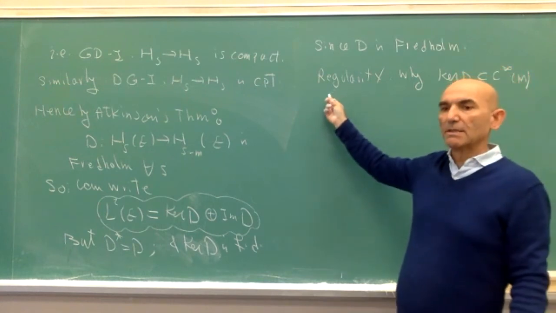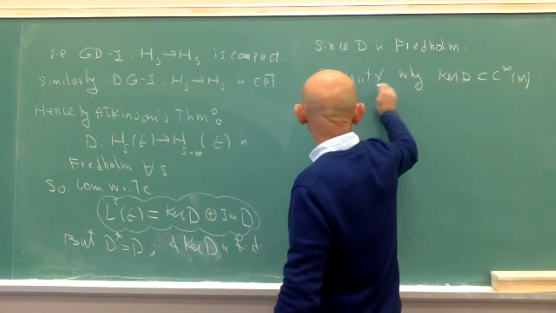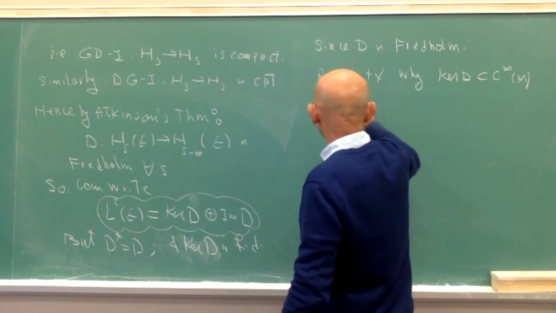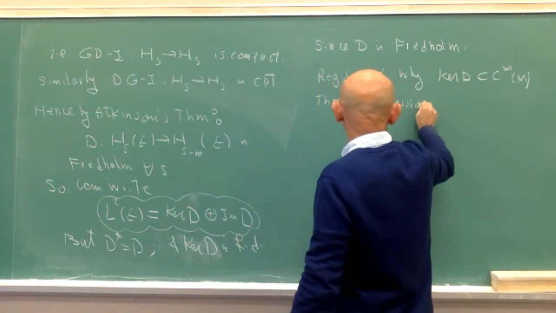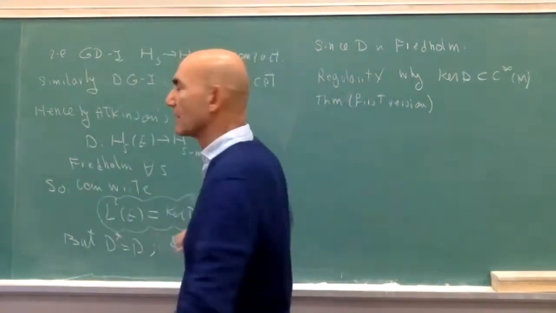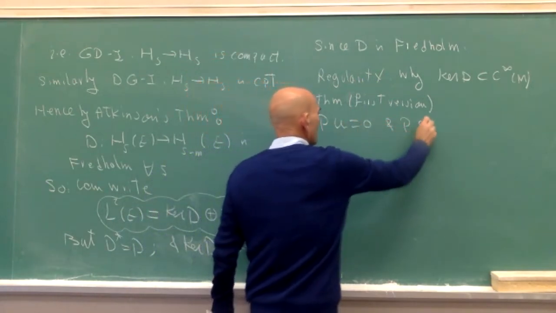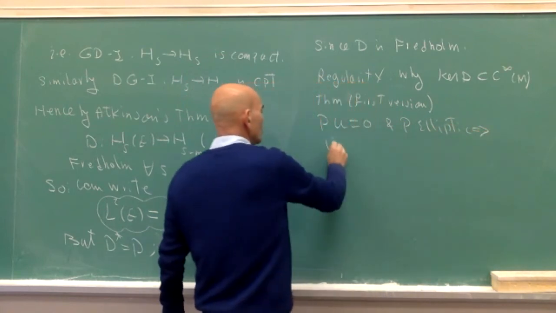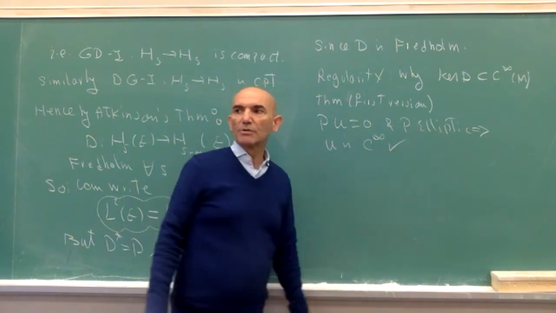But this was exactly the regularity statement that I proved, the regularity theorem. Do you remember the first version was that if P of U is equal to 0 in some Sobolev space, and P elliptic, of course, implies that U is C infinity. That's the first statement of regularity.